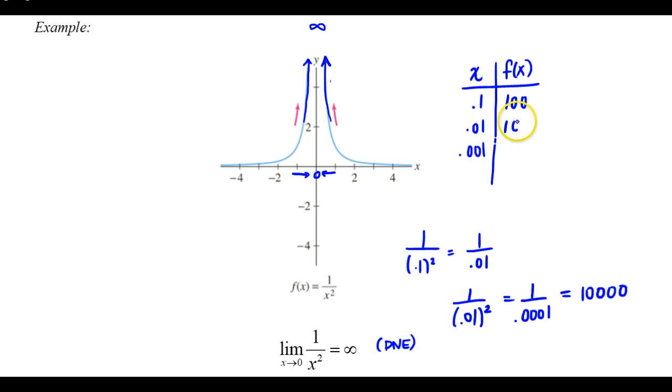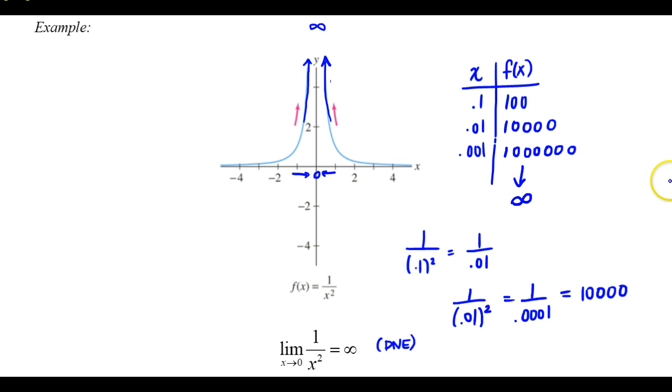So 0.01 is going to correspond to 10,000, and I will just let you know that the next value in our table is going to be 1 million. So we can see these values are getting closer and closer to positive infinity as I would continue getting closer and closer to 0 from the right. And as I get closer to 0 from the left, I would also go towards positive infinity.